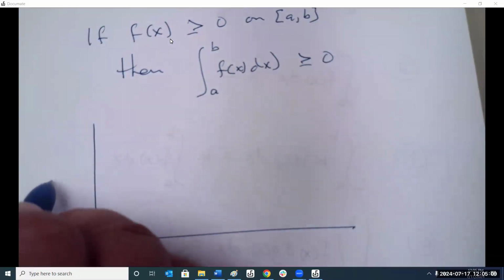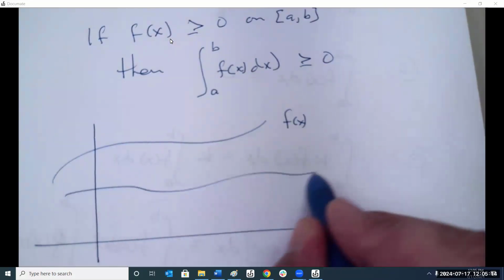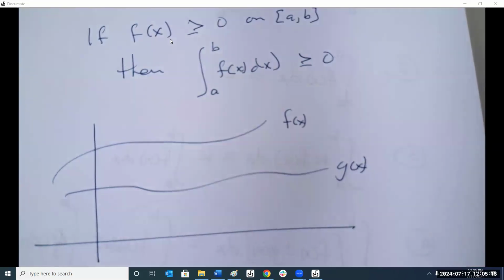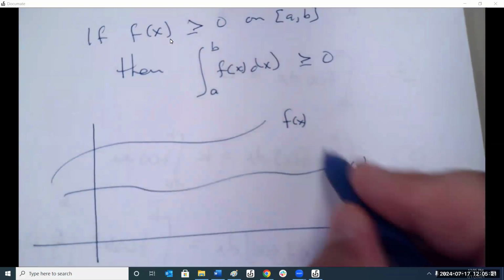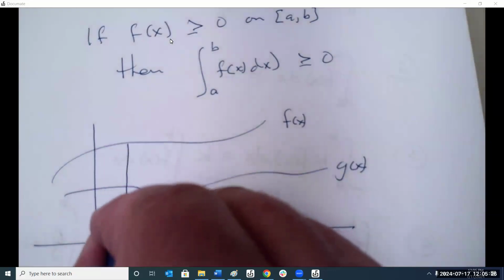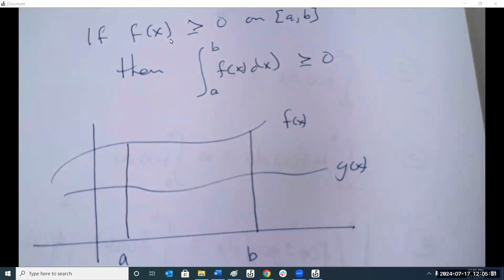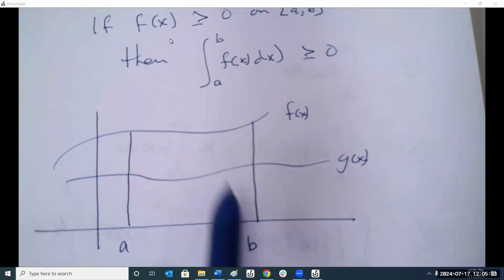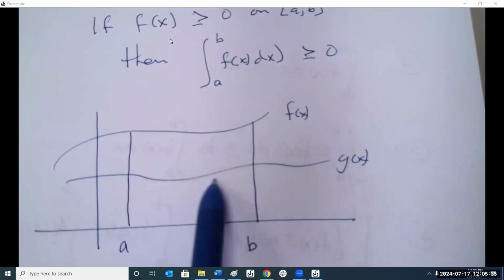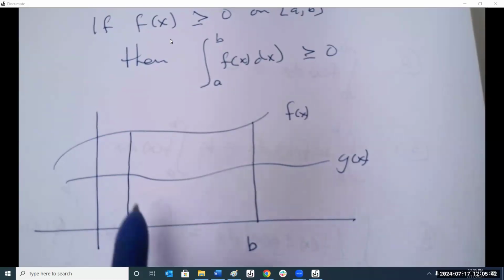We have two functions, there's f of x, and there's g of x. f of x is greater than g of x on some closed interval [a, b]. So it's true. Each one of these points is higher than these points. So f of x is bigger than g of x. The integral finds what? It finds the area under the curve.